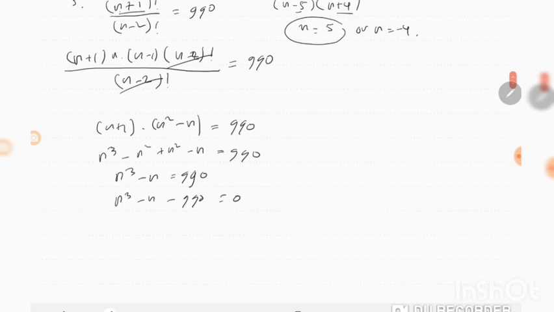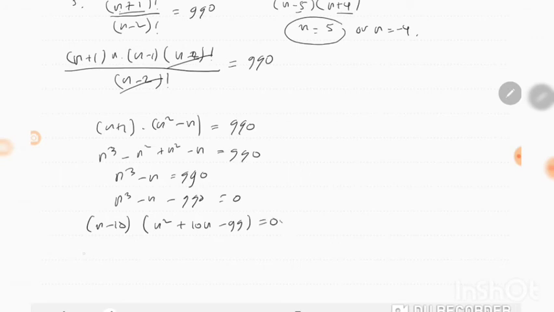Then you can factorize this as n minus 10 times n squared plus 10n plus 99 equals 0.